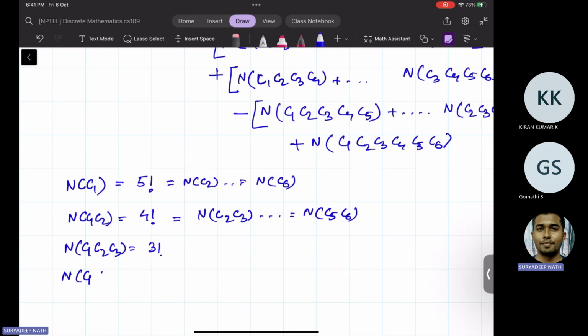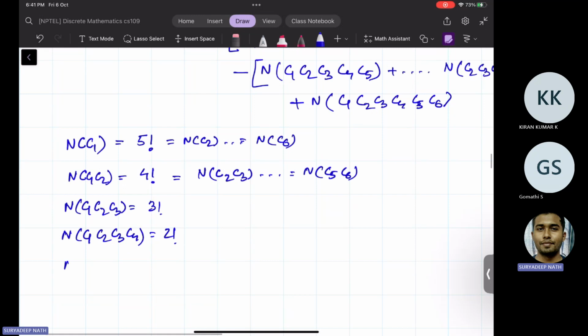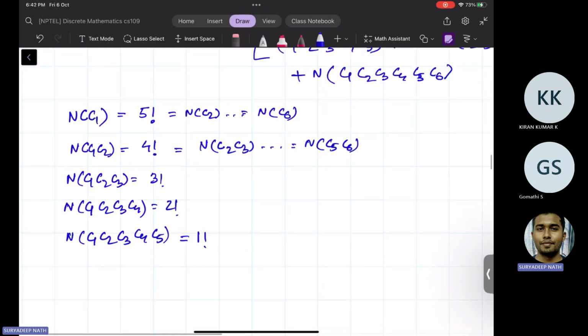For four, it is 2 factorial, and for five people wearing their coats correctly, it obviously implies that the other one is also wearing their coat correctly. So that is 1 factorial, which is 1. And where all of them are wearing correctly, that is also 1, because 0 factorial is 1.